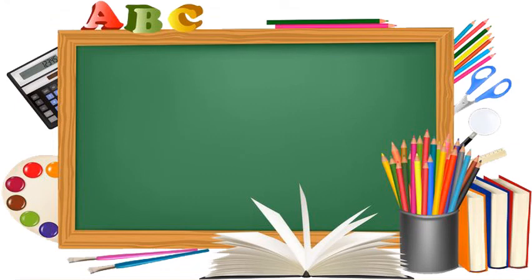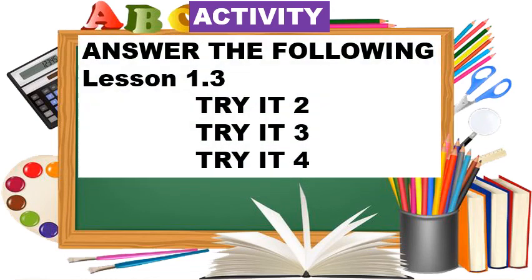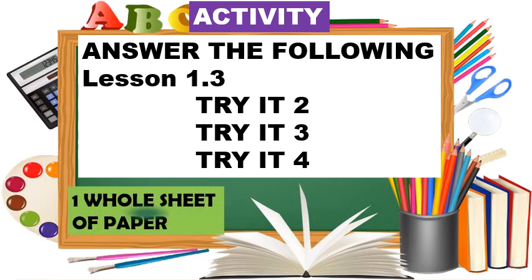Since we are done with our discussion, let us now have our activity. So for your activity grade 7, you are going to answer lesson 1.3. So i-open niyo na inyong mga libro and then you are going to answer try it 2, try it 3, and try it 4. Okay, muna inyong answeran class. Write your answer in one whole sheet of paper.